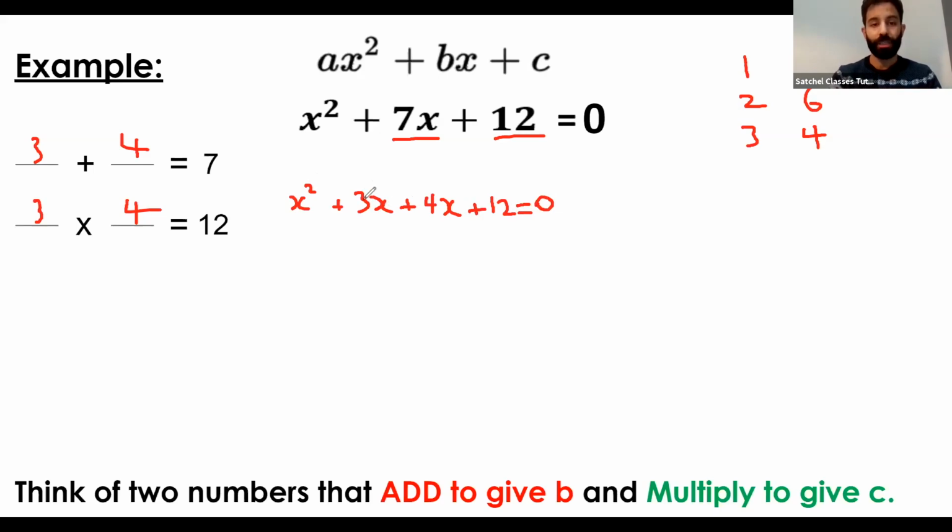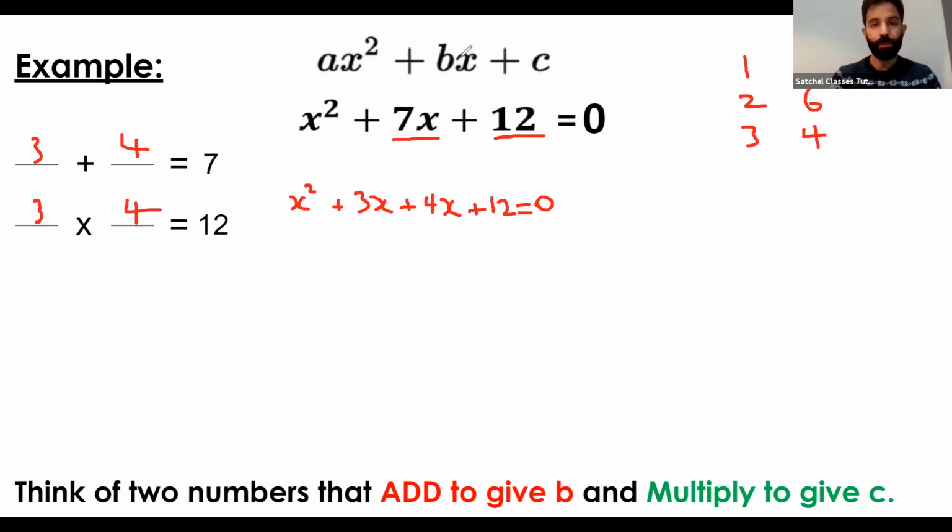Now, again, notice 3x plus 4x makes 7x. So nothing has really changed apart from the fact that we've broken this down into 3x and 4x. And this is required as part of our process to find the values of x.